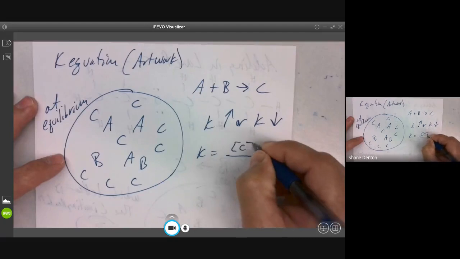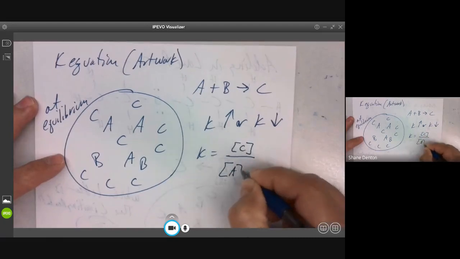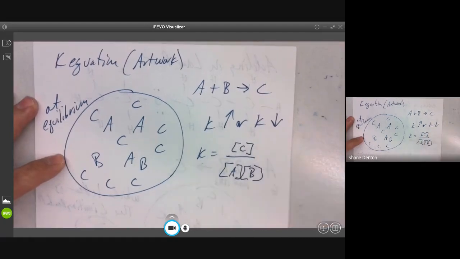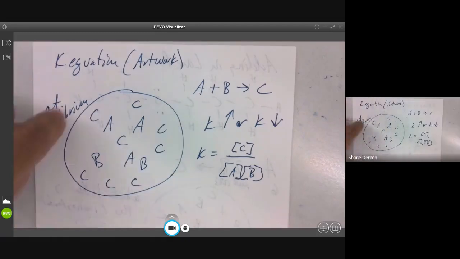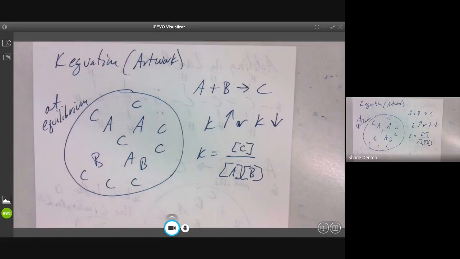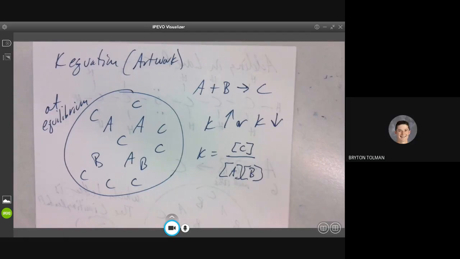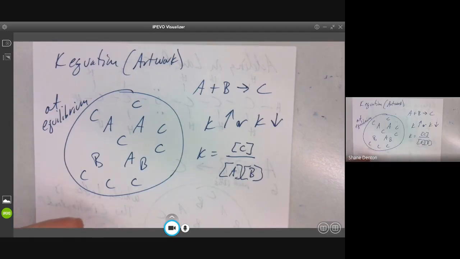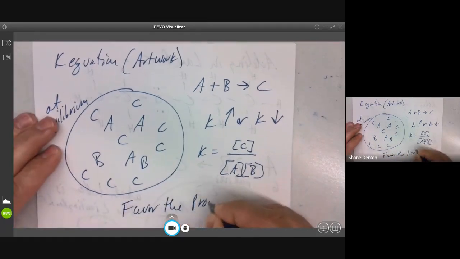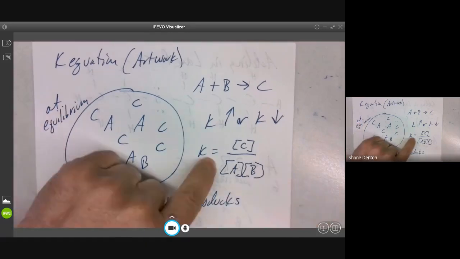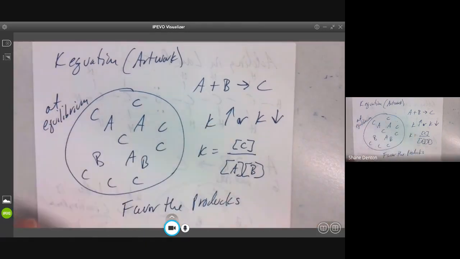Yeah, so it would have looked like this, C over A times B, right? Correct? Yeah. There's a lot more of what in there? What's represented the most? Product. Yeah, there's more products, right? This would favor the what? It would favor the products, and that would give me a K that was higher than what? What was our magic number there?